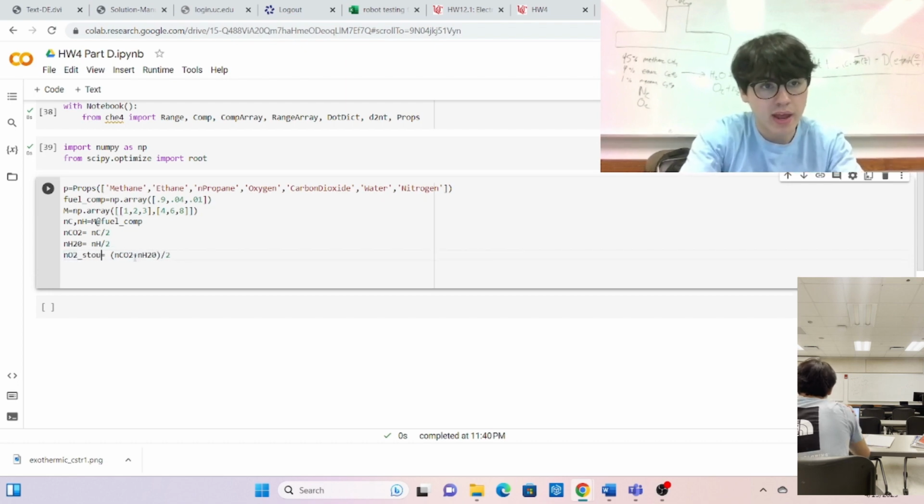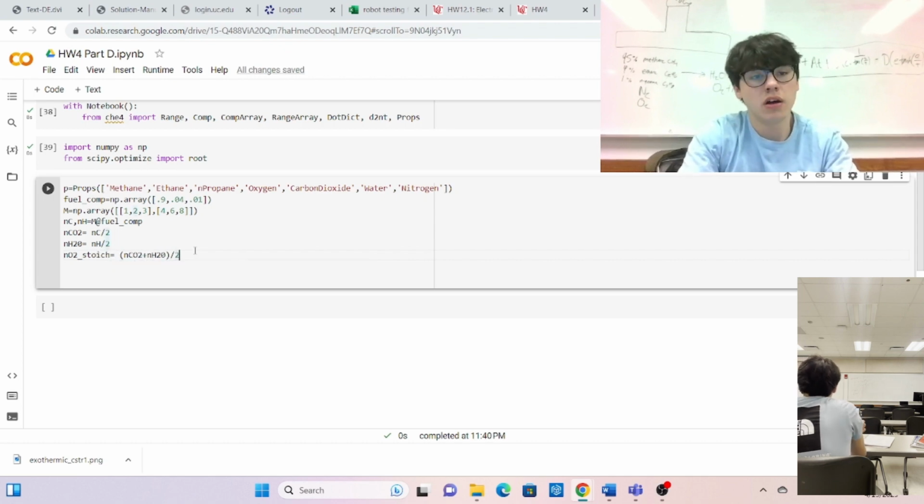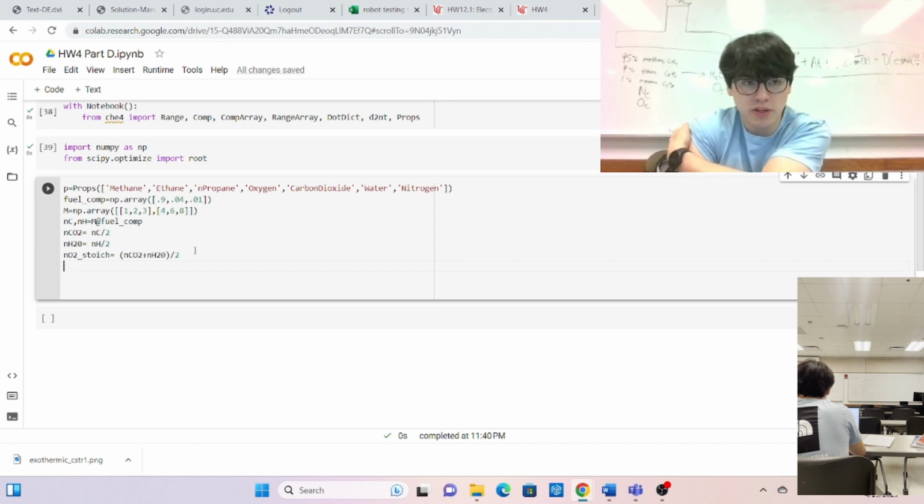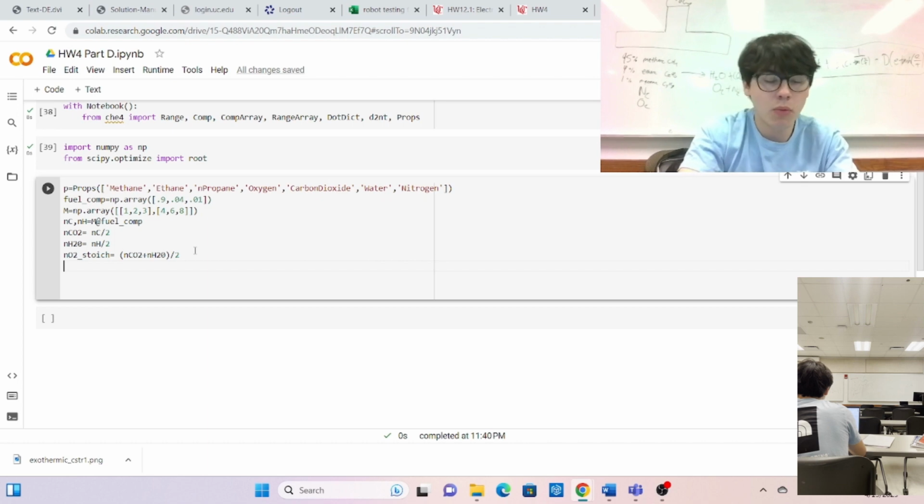But we have to remember that oxygen is in excess in this situation because of the excess air. So the number of moles of oxygen in the stoichiometric balance will be this number, but will be in excess too.